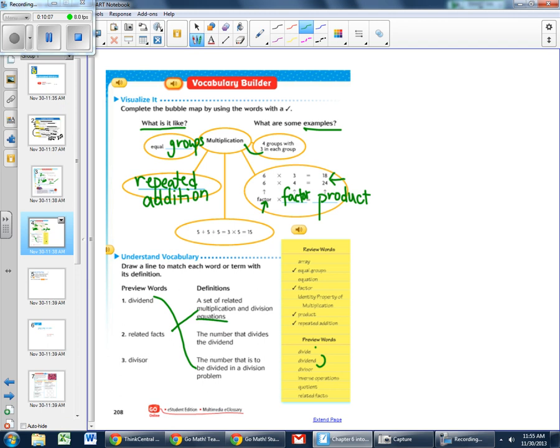Notice they use the word equation here because each one of them is going to have an equal sign in them. So your next one, your divisor, is the number that divides the dividend. Go ahead and write those three, maybe at least these two, dividend and divisor, into your math journal before the end of today so that you can remember what those ones are.